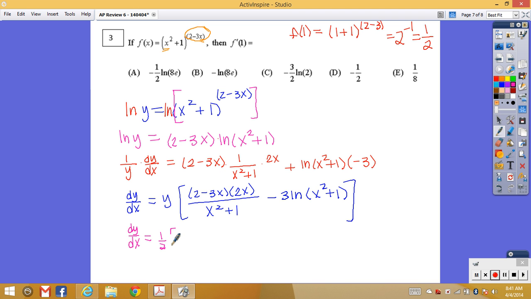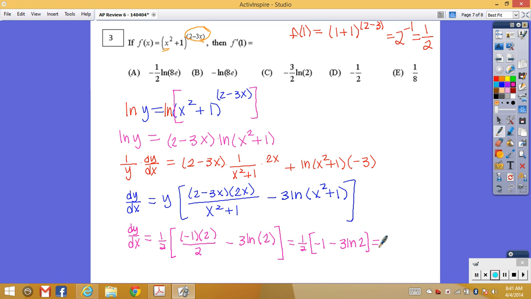One half times, so here I'm going to substitute in my x value of 1, so I get -1 times 2 all over 2 minus 3 ln of 2, it looks like. Alright, and then we get 1/2 times -1 minus 3 ln of 2.